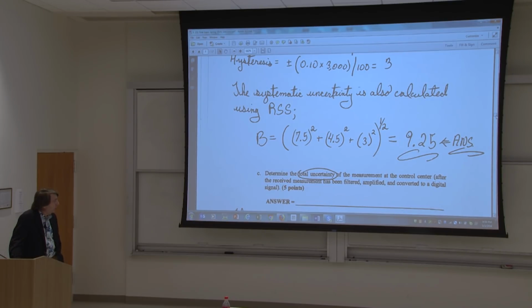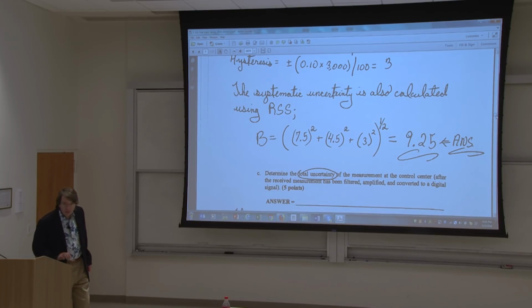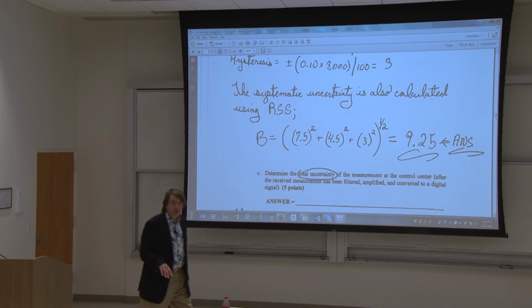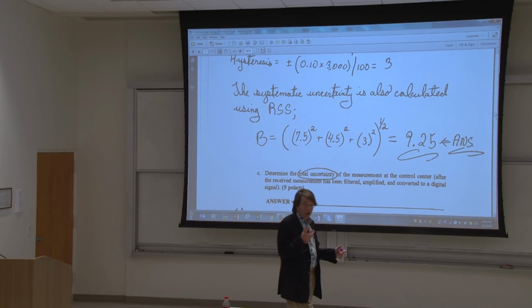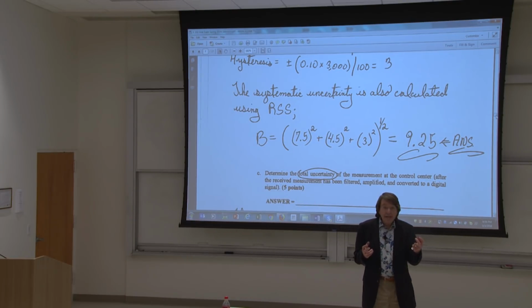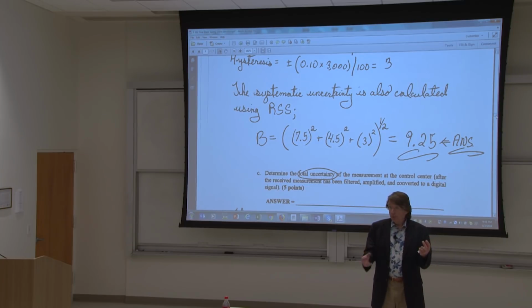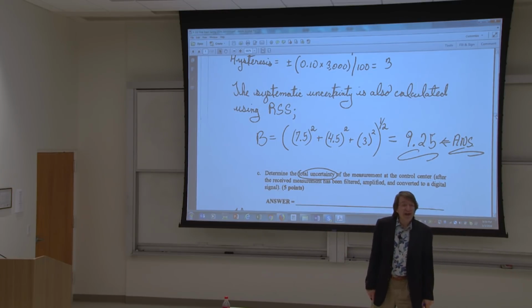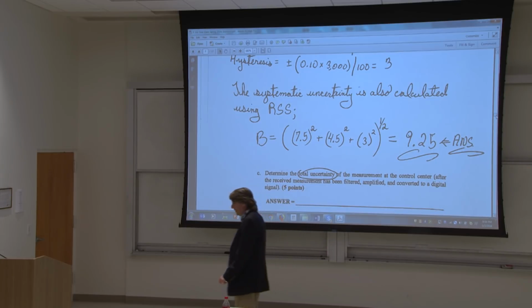The last part of the question, if I remember, is to determine the total uncertainty. Now, the total uncertainty is the bias plus the random uncertainty. So we're going to add them together. You know what I'm going to ask. How do you add them together? RSS. Perfect. We're going to add them together using RSS.